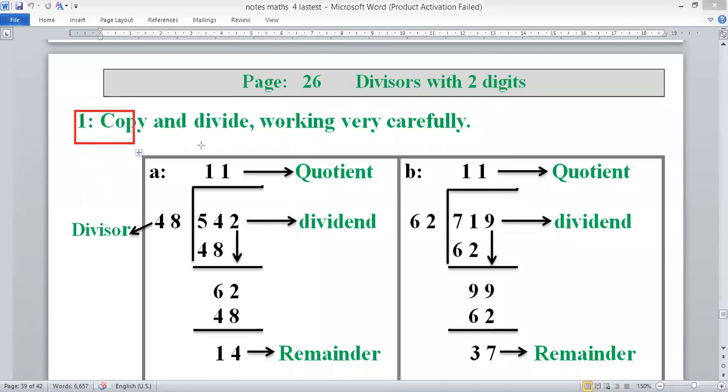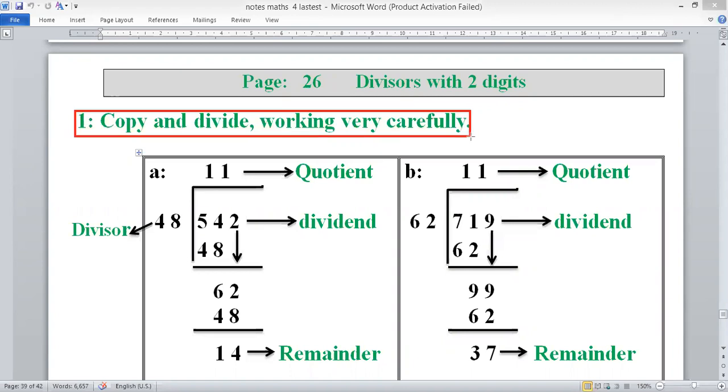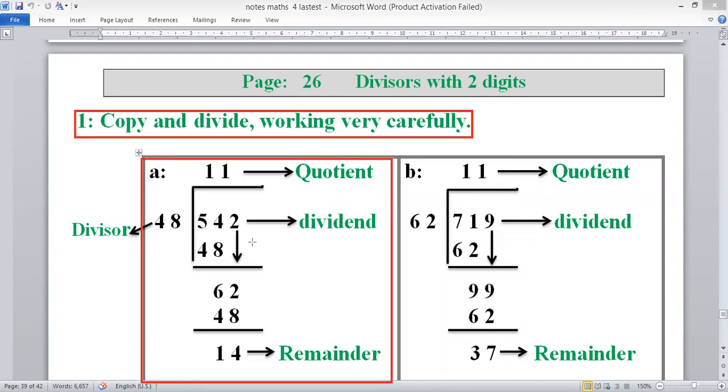Question 1, the statement is copy and divide. Work carefully. So part 1 is 542 divided by 48.